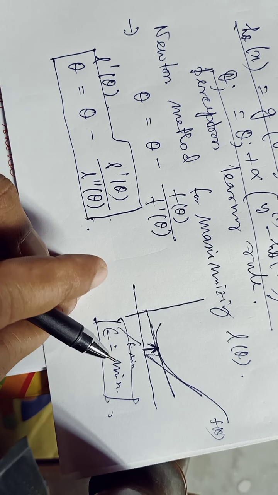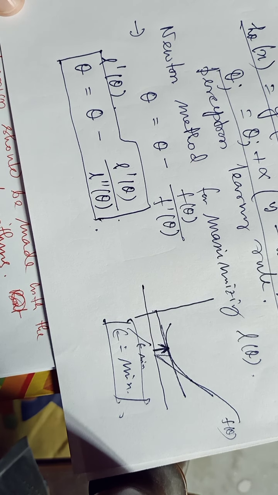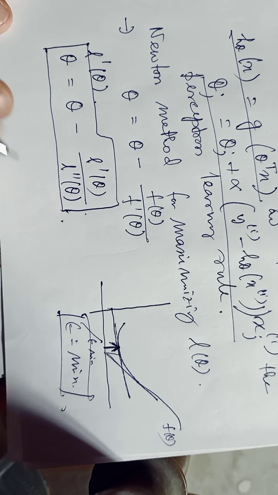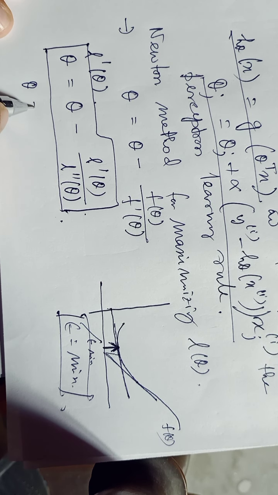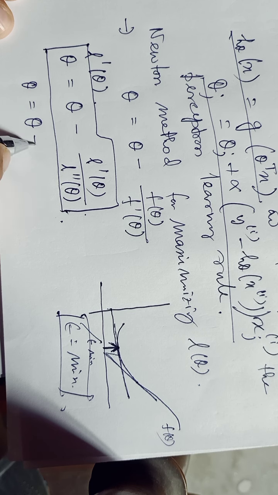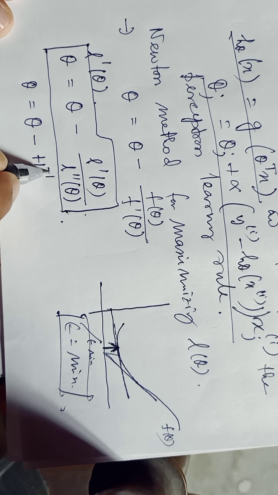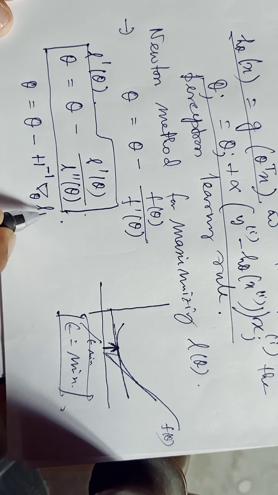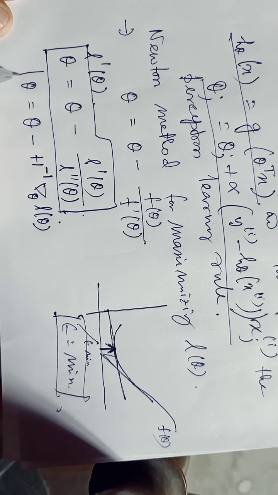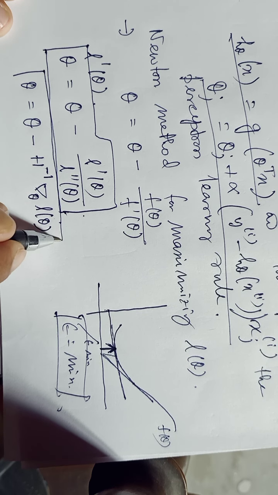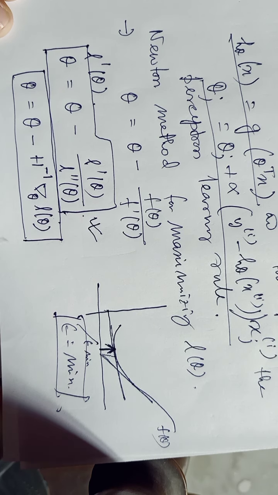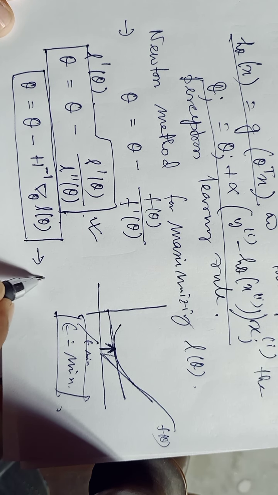Now, the generalization of the Newton method, which is known as the Newton-Raphson method, we can write as theta equals theta minus H inverse delta L theta. This equation is the generalization of the Newton method.